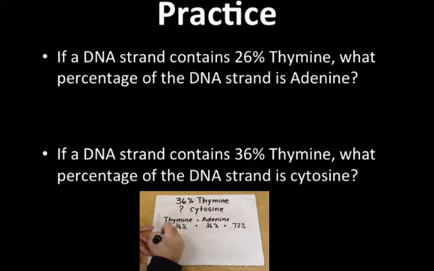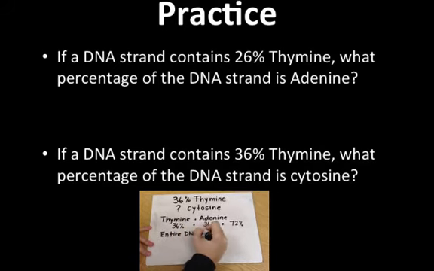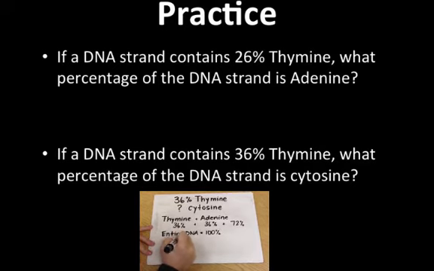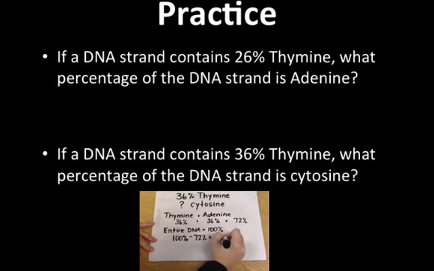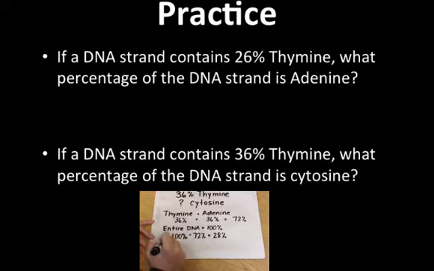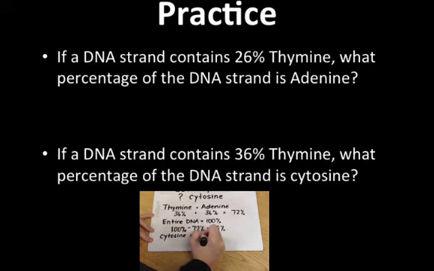The entire DNA strand is 100%, so we're going to subtract 72 from 100, and that's going to give us 28%. So cytosine plus guanine must equal 28%. We know that cytosine and guanine are equal to one another.